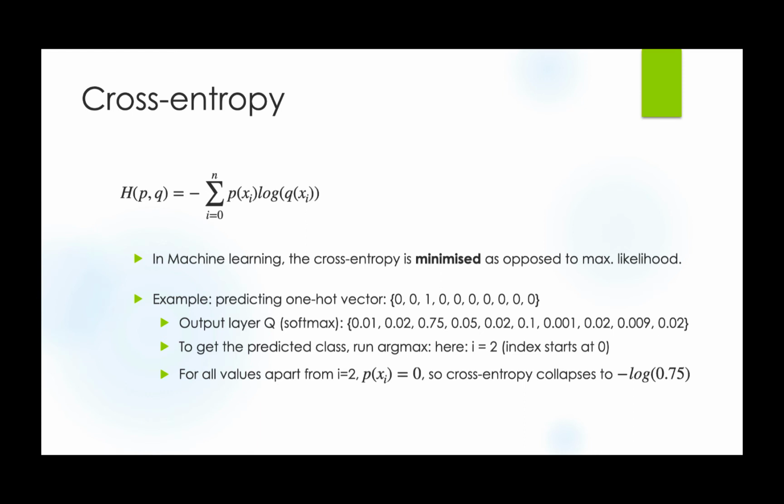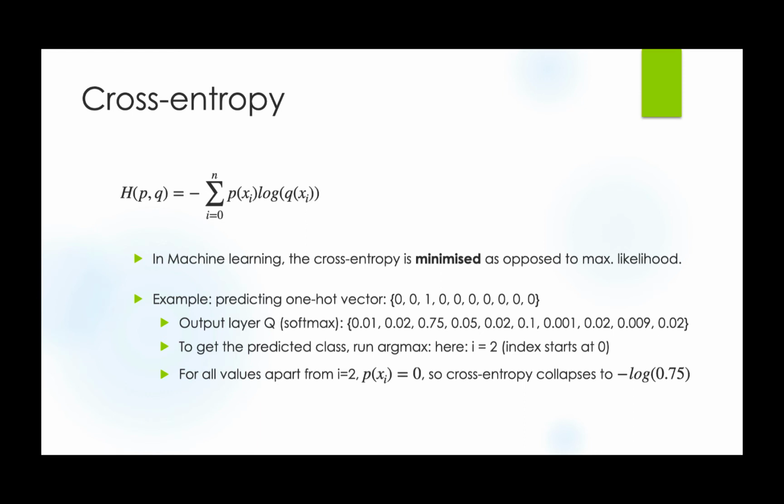This aside, the output of the softmax last layer of our model is 0.01, 0.02, 0.75, etc. To get the actual predicted class, we take the class with the highest predicted probability, which is 0.75. So in coding terms, you take argmax, you take the index position of the maximum element, which is 2.